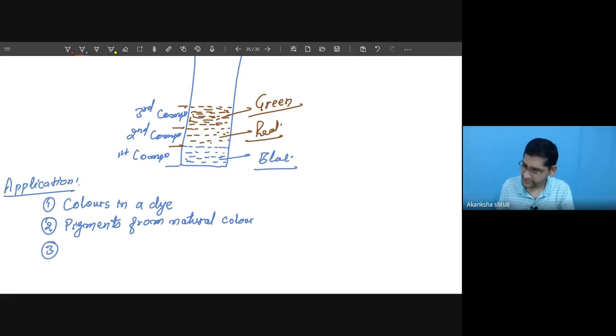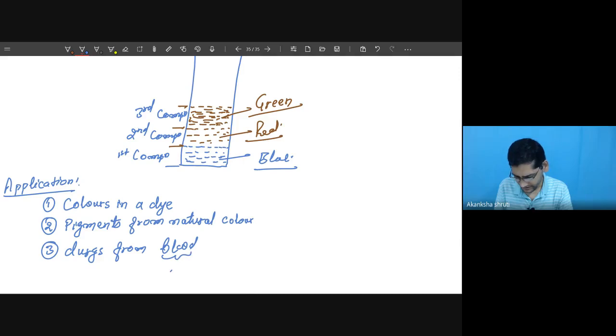But the drug is of a different color than the color of blood, so that will also get deposited. So, drugs from blood. Okay, this is red. Red is because of RBC, and this has a different color, like black or something, or a colorless component.